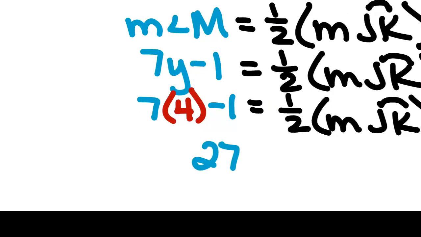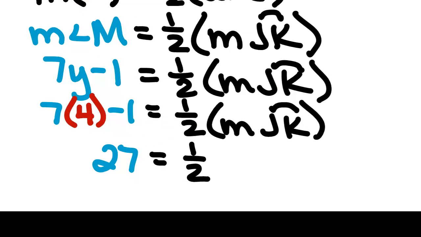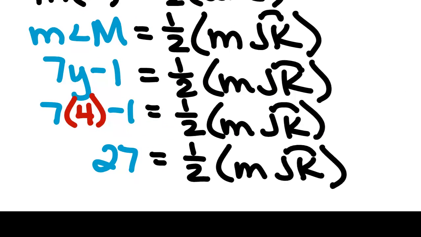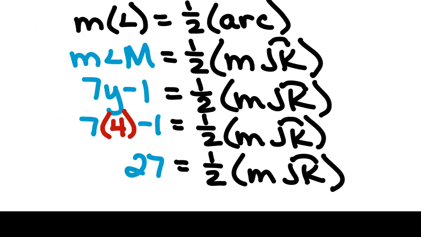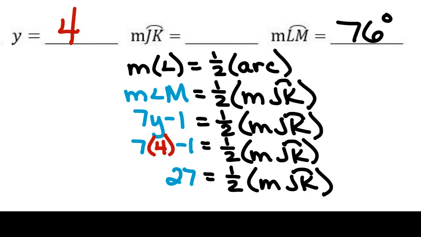So 27 is equal to 1/2 the measurement of arc JK. What do I need to do now? We're going to multiply both sides by 2. So it's going to cancel my denominator. So now I don't have a denominator.